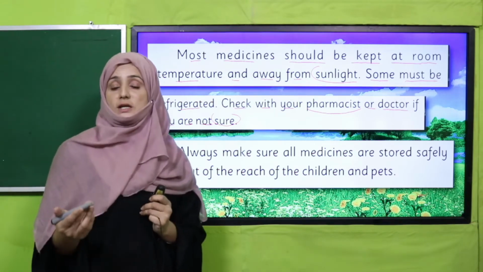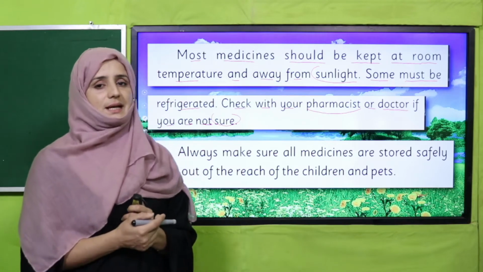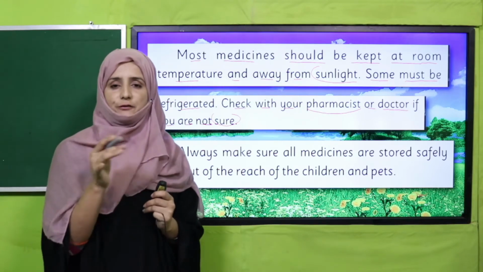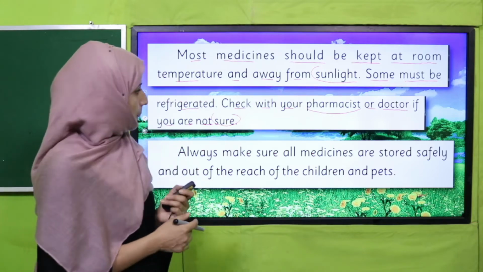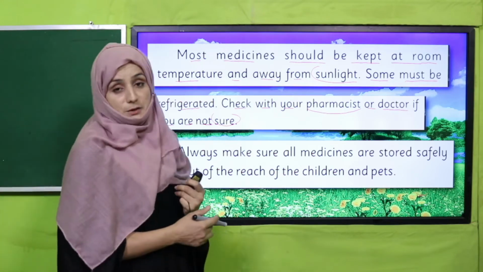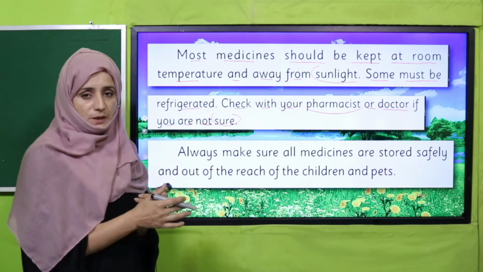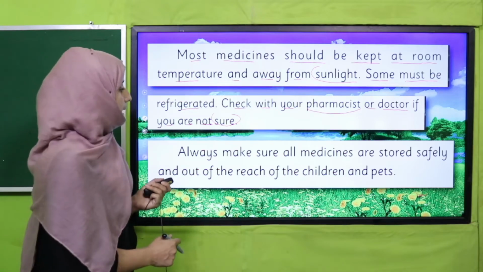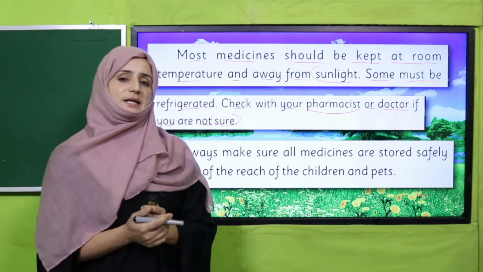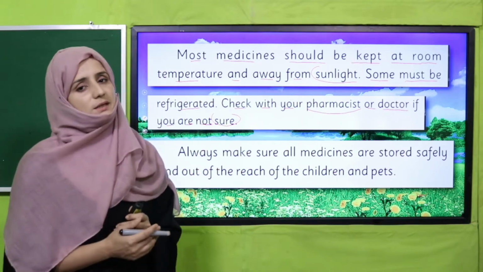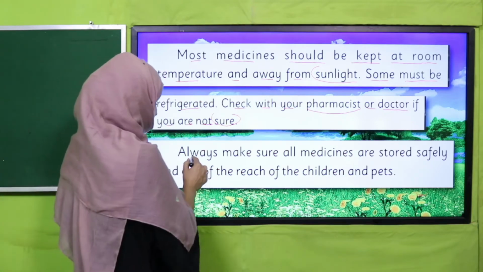We have to keep our medicine away from sunlight, because sunlight affects our medicine and it could be harmful for our health. Some medicines must be refrigerated, so we can keep them in our refrigerator. And if we have any doubt about these medicines, we must consult our doctor.